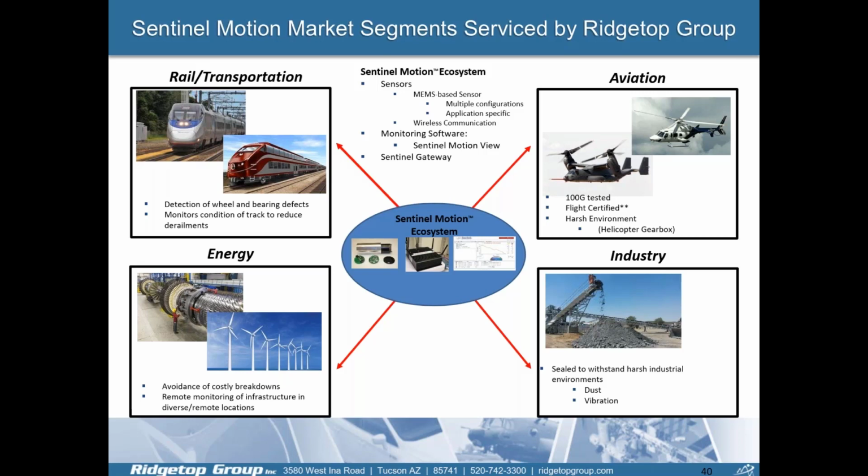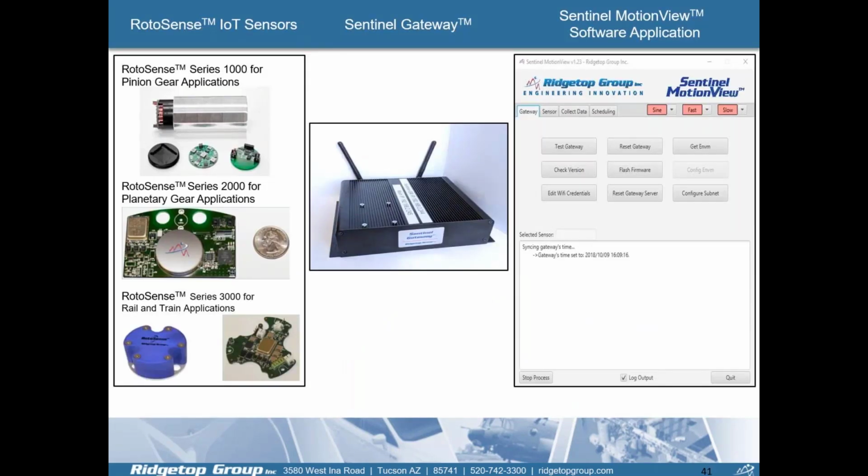We also work with a large number of universities for looking at different types of research. So this RSDK is a very flexible and easy way to start looking at different types of vibration analysis in these different areas.